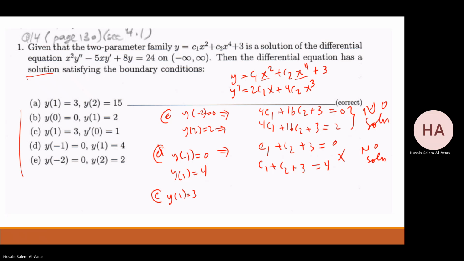C, y at 1 equals 3. That implies C1 plus C2 plus 3 equals 3. And y prime at 0 equals 1.